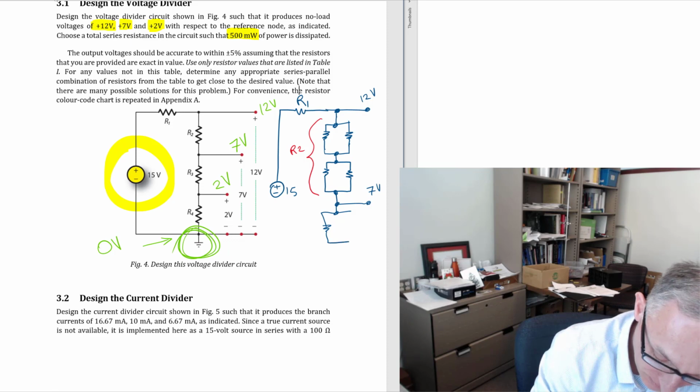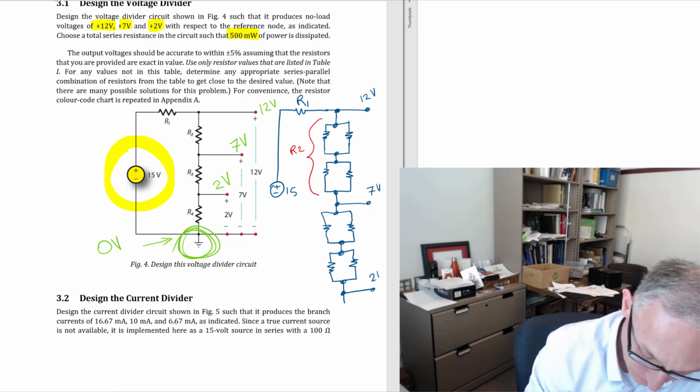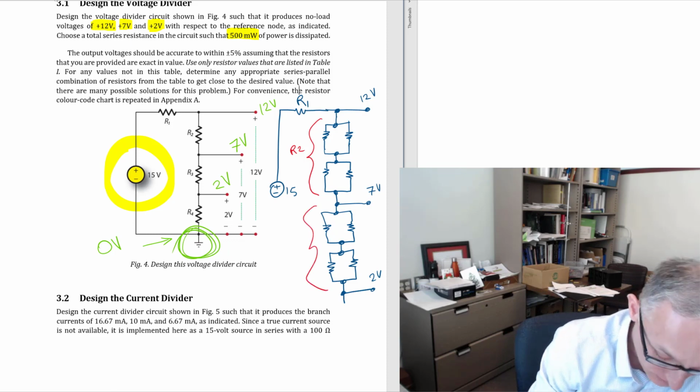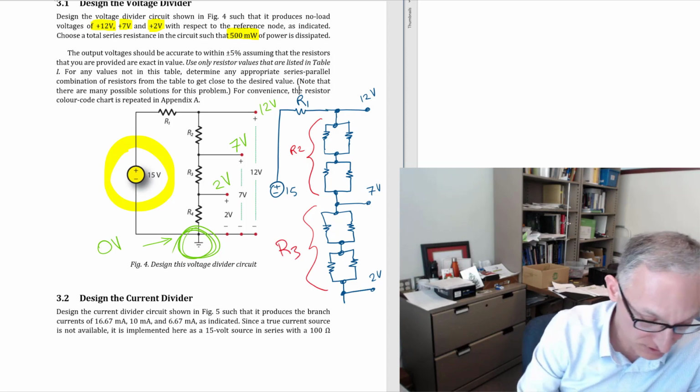You're going to have to calculate it and figure it out. You're the engineer, you're the designer. It could be something like this, a series parallel combination, and then over here could be the 2 volts. And this set of resistors, it could just be one resistor, I don't know. You're going to have to design it, and that could be the R3 resistor.